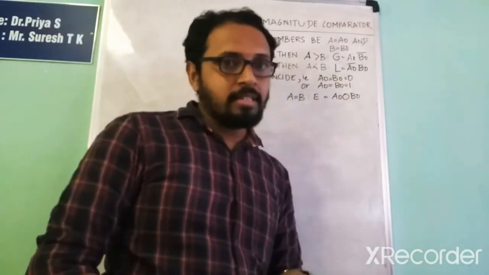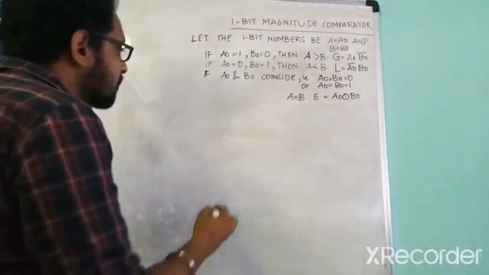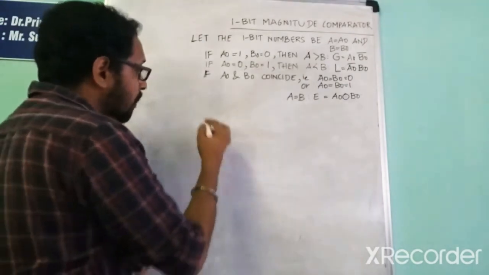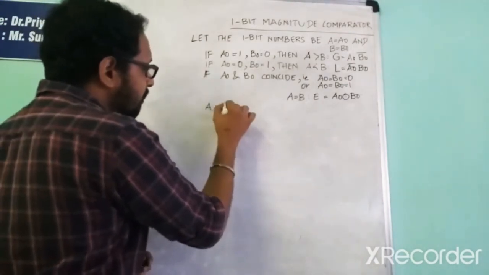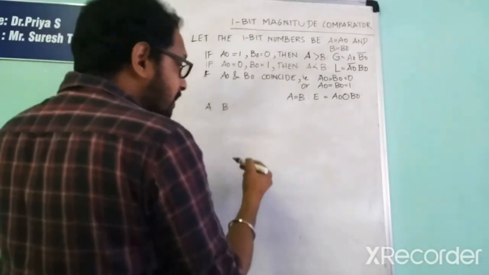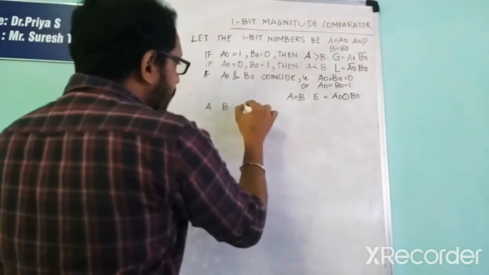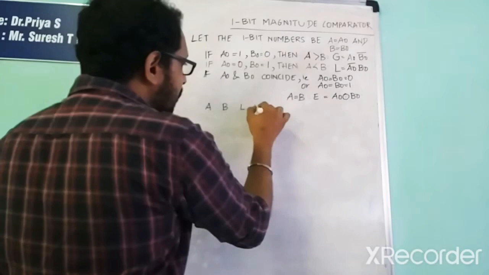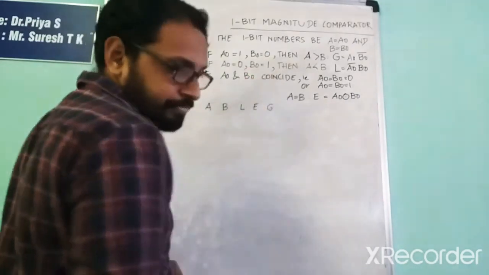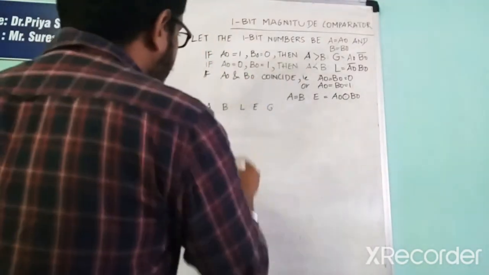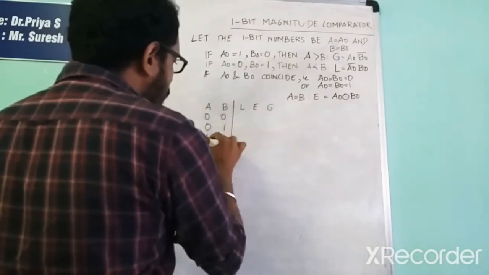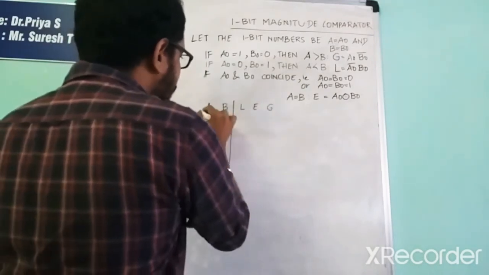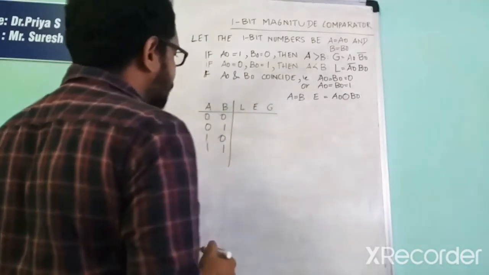So, three cases. The next thing is the construction, and before that we need the truth table. We draw the truth table with A, B and L, E, G, with rows 00, 01, 10 and 11.